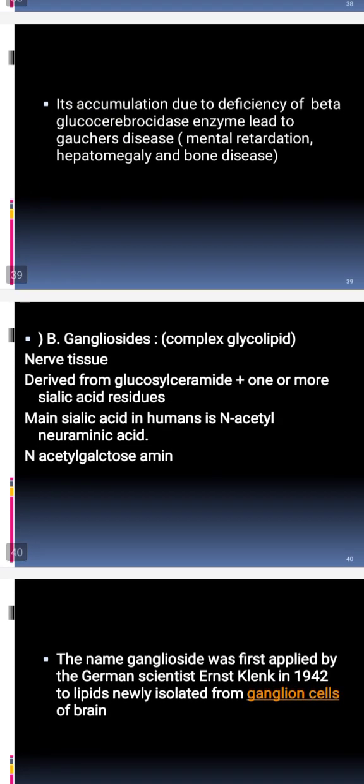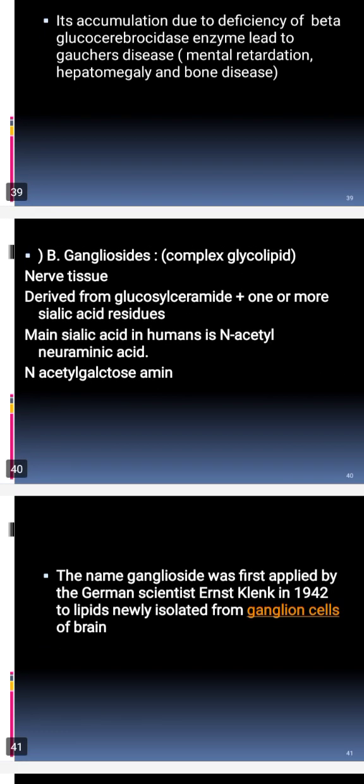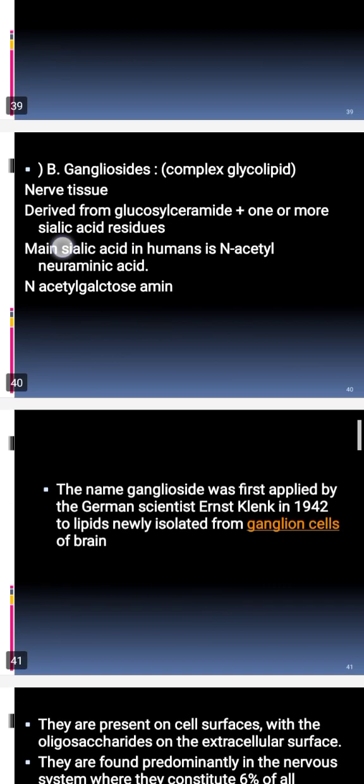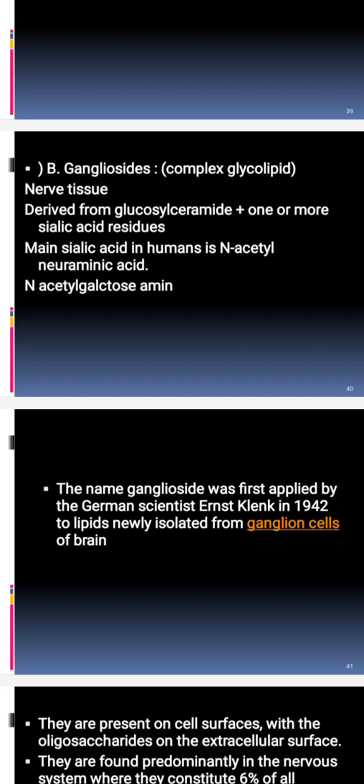Also, we do have gangliosides, which are complex glycolipids. We can find them in the nerve tissue, and they contain one or more sialic acid residues. The sialic acid is one of the most important biomolecules in the human.